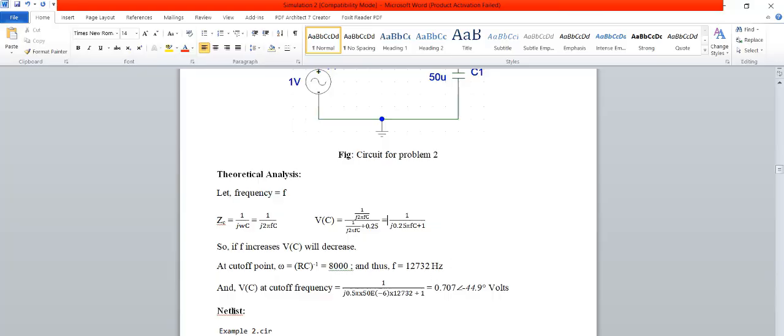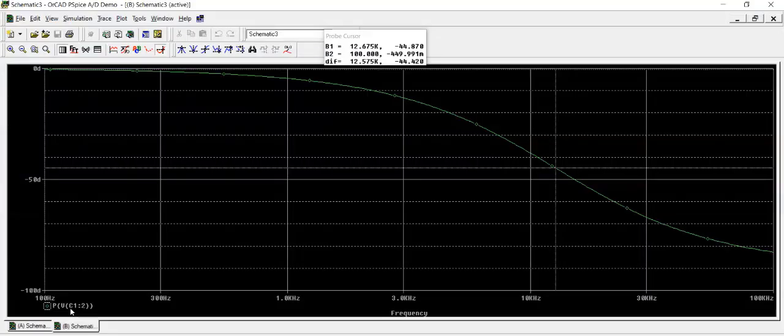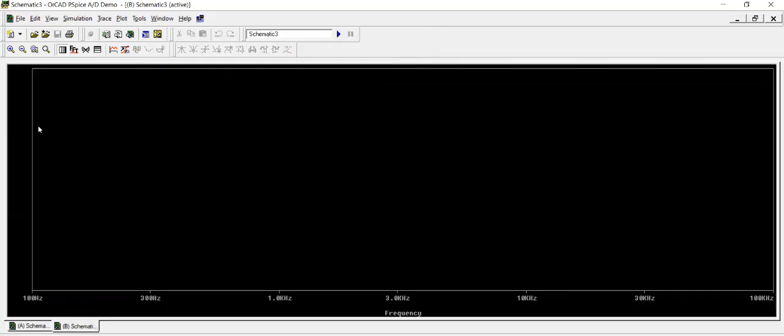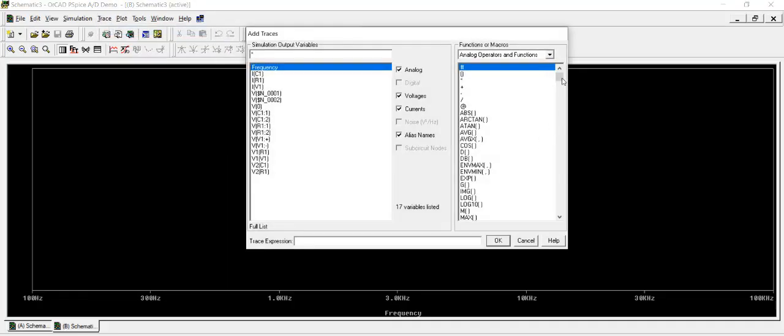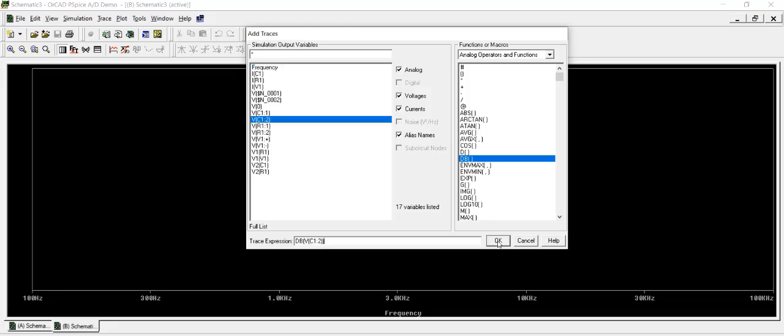Now if we want to plot the decibel, we know that at the cutoff frequency our decibel value is always minus 3. You have also learned this in your theory classes. So go to trace, add trace, and to draw decibel, this is dB. Select this, and we want to see the decibel of this point. So select this and OK.